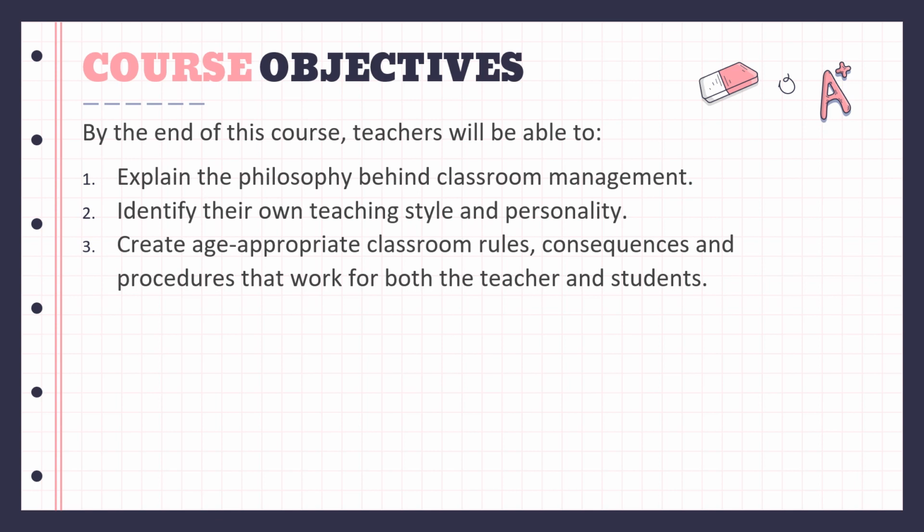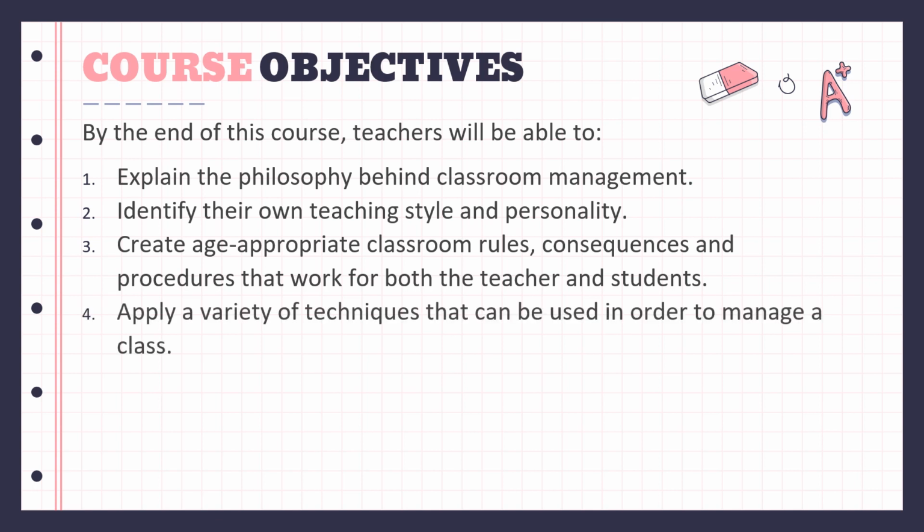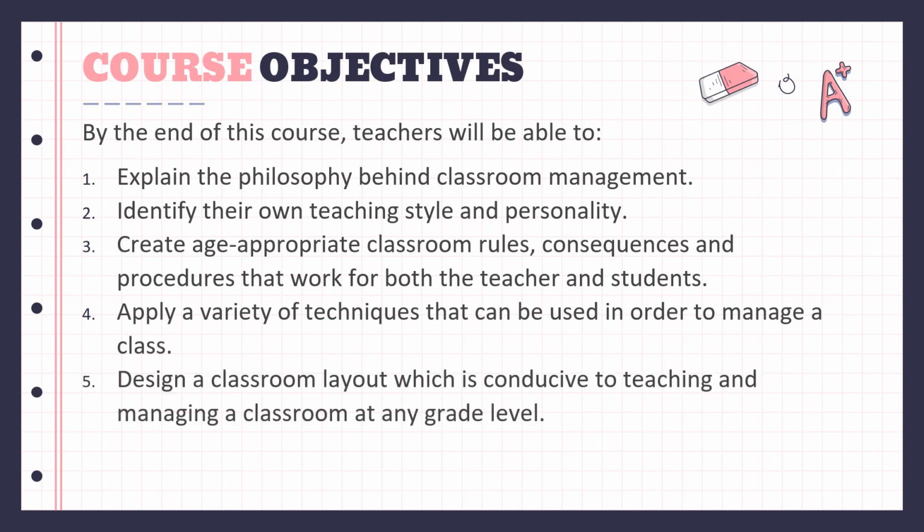Create age-appropriate classroom rules, consequences, and procedures that work for both the teacher and students. 4. Apply a variety of techniques that can be used in order to manage a class. And 5. Design a classroom layout which is conducive to teaching and managing a classroom at any grade level.